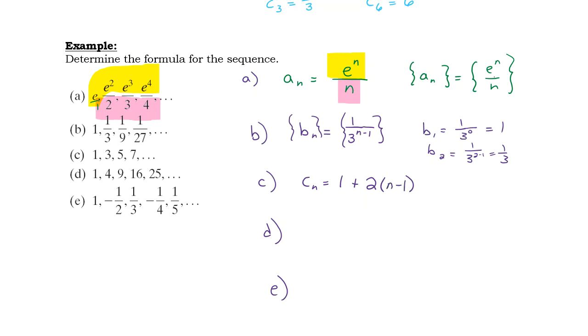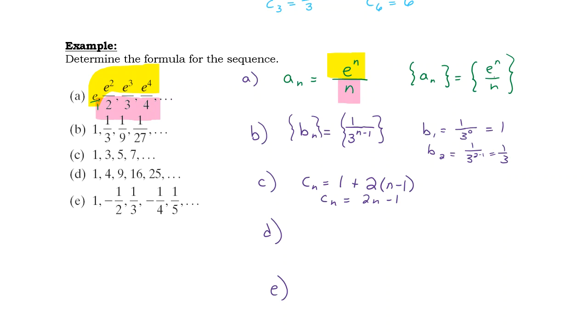So again, we're going to go n minus 1 in these parentheses. And maybe you thought about it a little differently. If we simplify this, we get 2n minus 1. You could certainly have gotten to that by thinking, oh, this is like 2, 4, 6, 8, but 1 less than that.